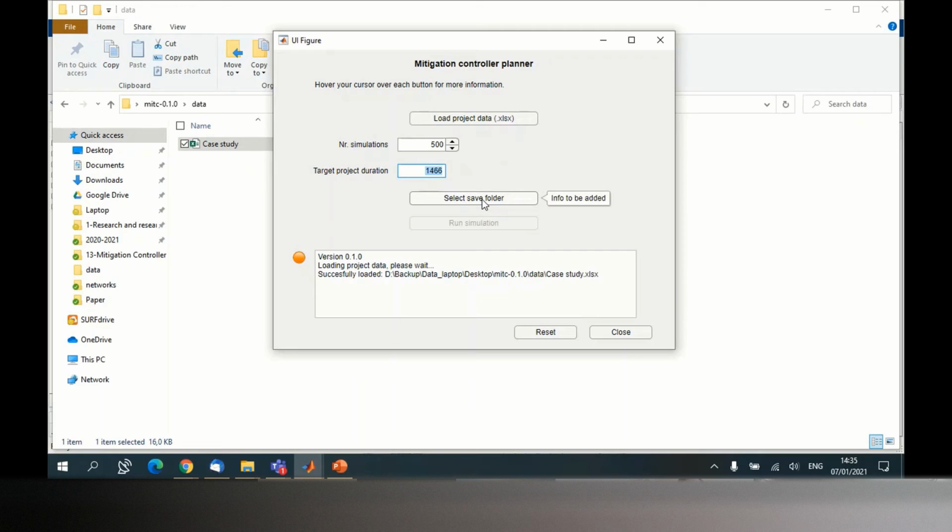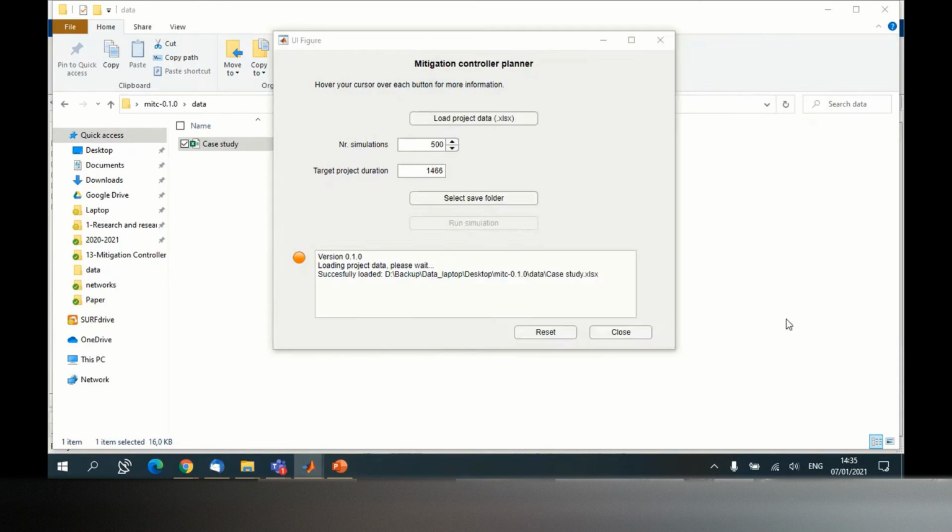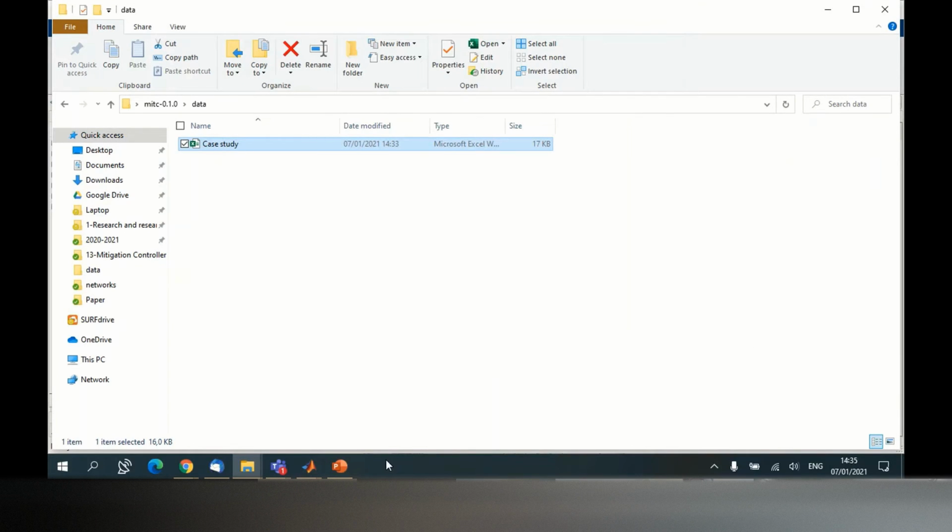And here you have to choose where you want to save your results, which are mainly figures. You could select the result folder within the same package, or you can create your own folder. That's not really important, just the destination. You select it, all right?